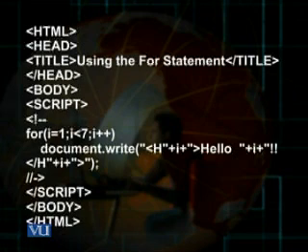Then there is the document.write, and within the small brackets, I introduce first of all a double quotation mark, and then there is the angular bracket, and for the heading tag, I write the character H, and then I close the double quotation mark.